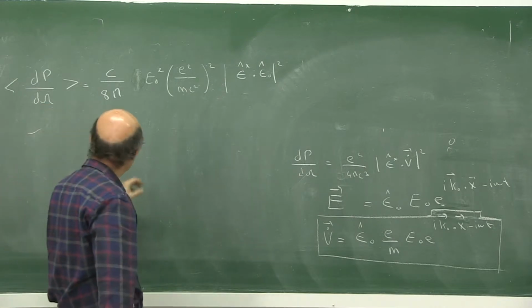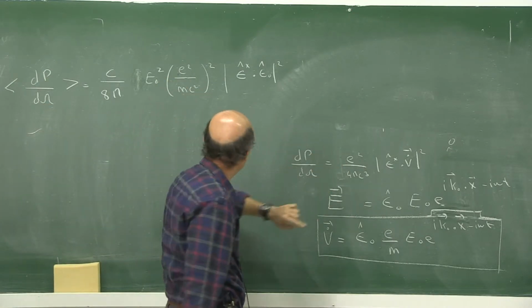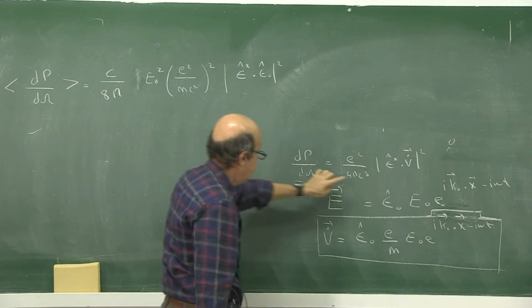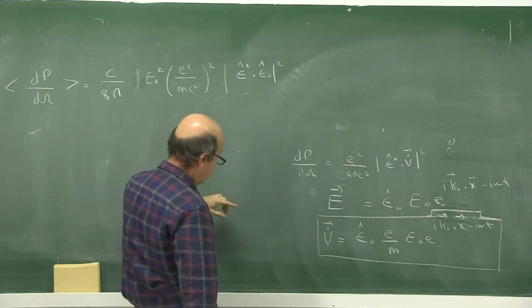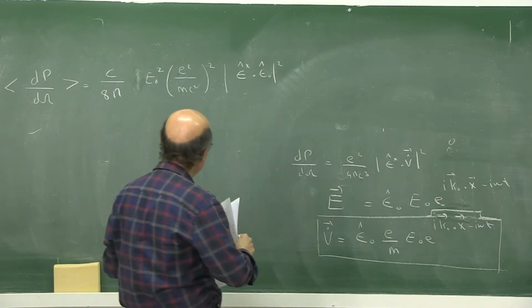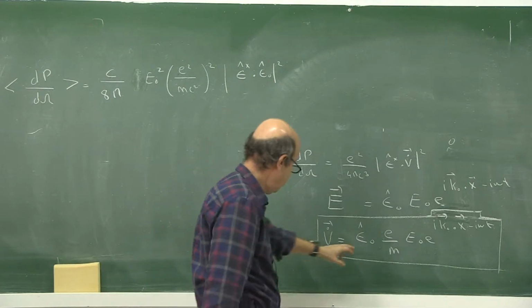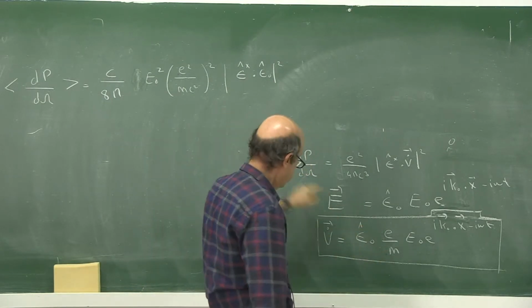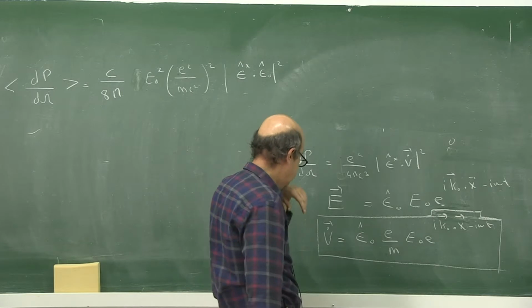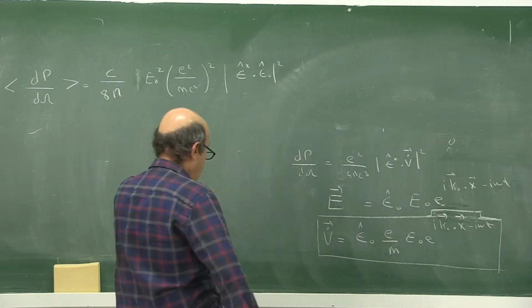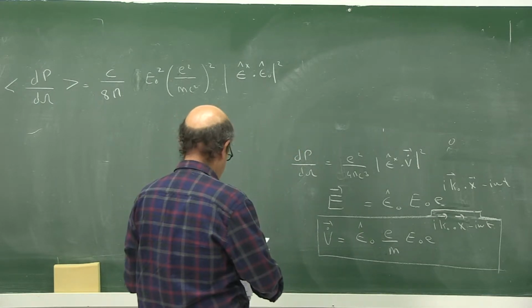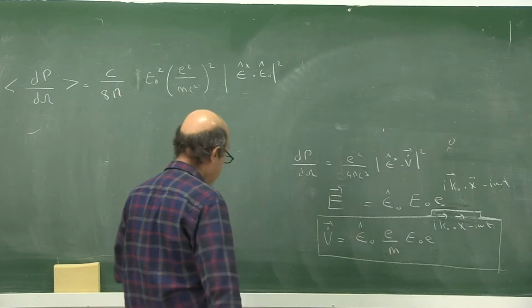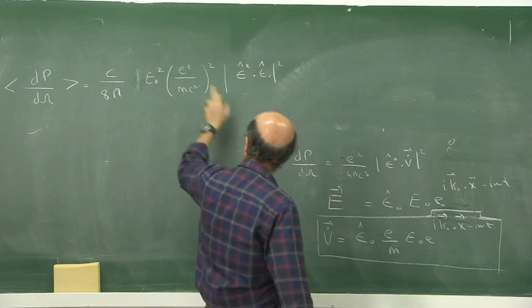So let us look at the units. We have e squared, c to the 4th times c, that is c cubed. And what else? We have the square of m squared. Yes, we have the m, and to take the square, that will be m squared. Okay, we have e squared, e to the 4th.